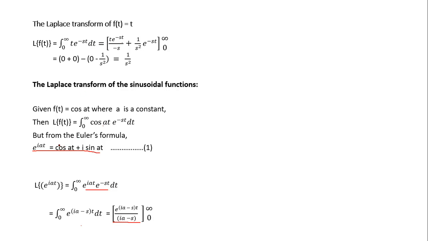So this one now becomes our what? The cos, which is the same as s over s squared plus a squared. Now the one with the i, you can also give that one to what? The sine, because sine is also attached by i.